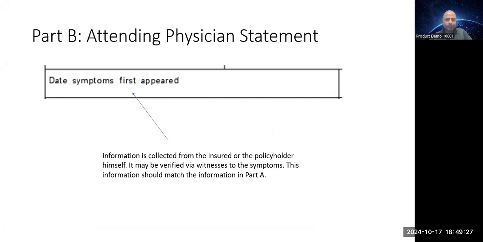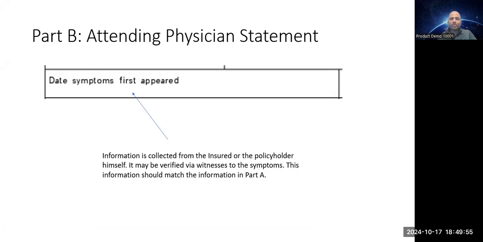All right. Date symptoms first appeared. This information is collected from the insured or the policyholder himself, and it may be verified. You can verify this information via witnesses to the symptoms. Usually this information does not show up on the medical records. If it does, it would be in the form of an APS statement, or any other form that you might have filled out.